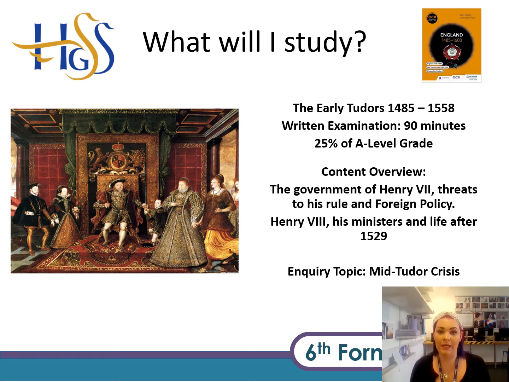We then look at Lady Jane Grey and Edward's attempt to change the succession plan, and then the rise of Mary. Whilst considering that, we also look at the religious changes that each of those brings with them to the country and the threats to their rule, so any rebellions that come along as well.